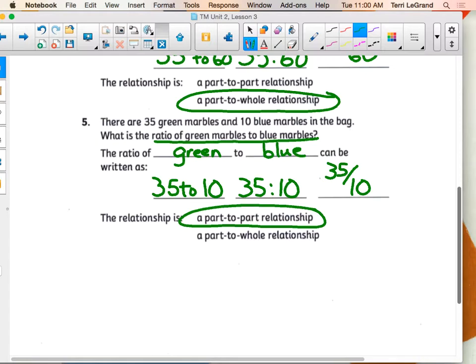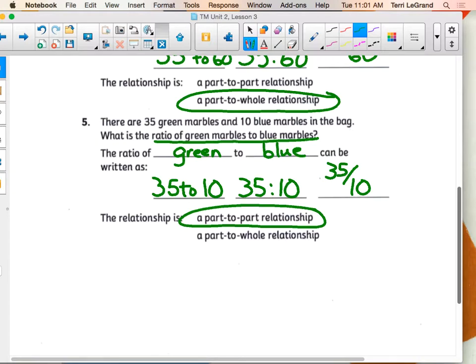For every 35 green marbles in this bag, so envision 35 green marbles in the bag, there are 10 blue ones. So we have 35 green marbles, 10 blue in this bag. Could those be separated into equal groups of something?